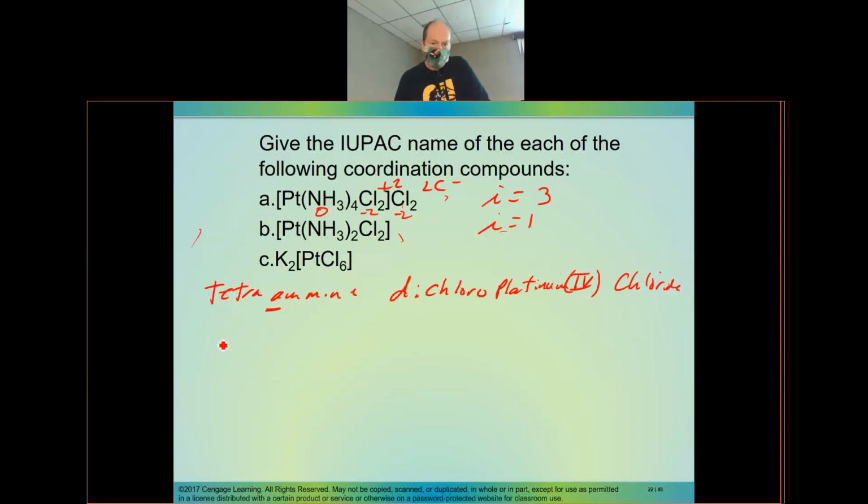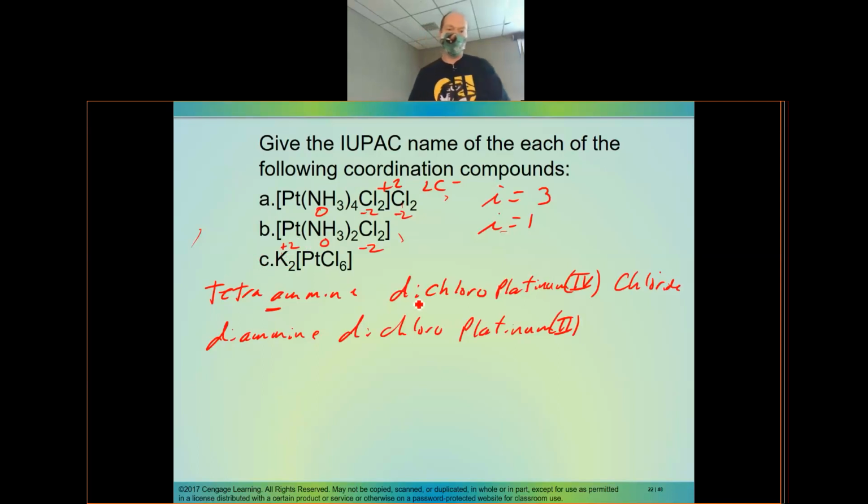So this is your diamine, dichloro, platinum 2, because now you only have 2 Cl, so that's a -2. You've got 2 NH3s, that's neutral, so the platinum had to be a +2.